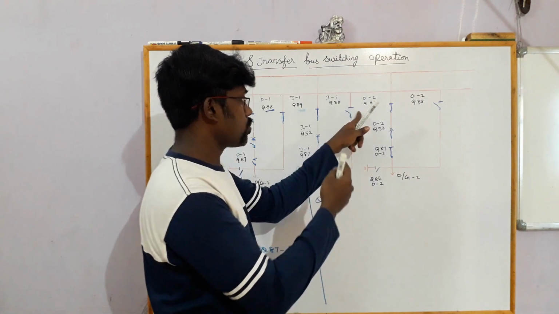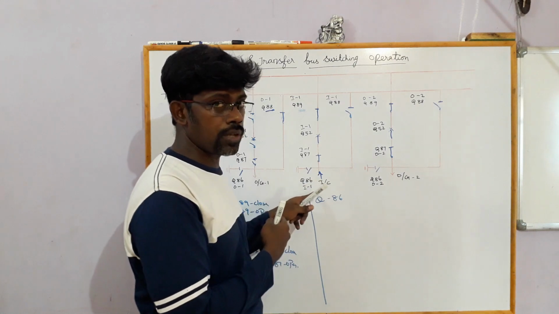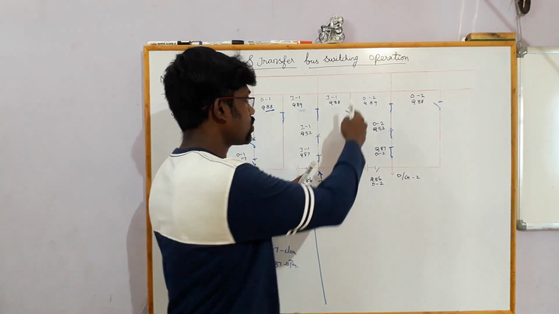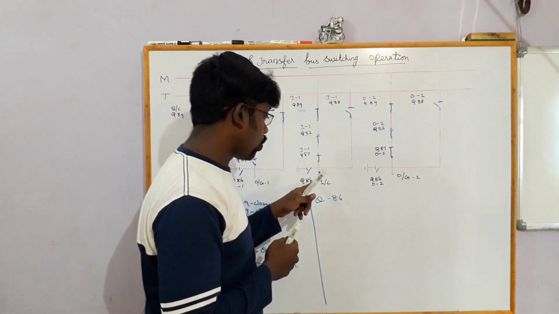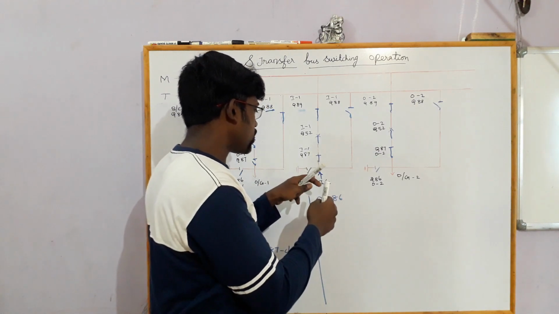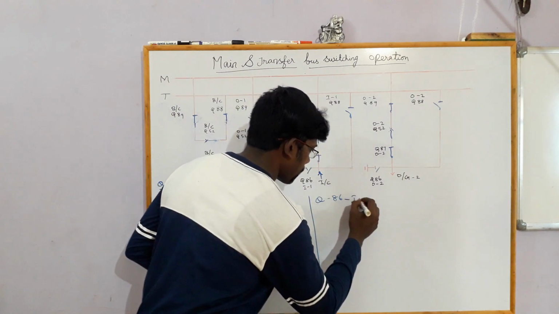If these are in closed position, the supply is directly going to earth through the earth switch. So for closing this, it has to see these two. Very simple.